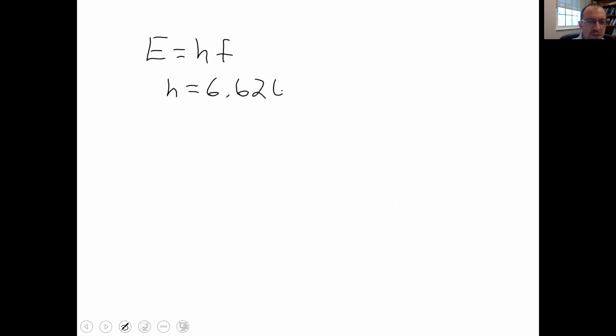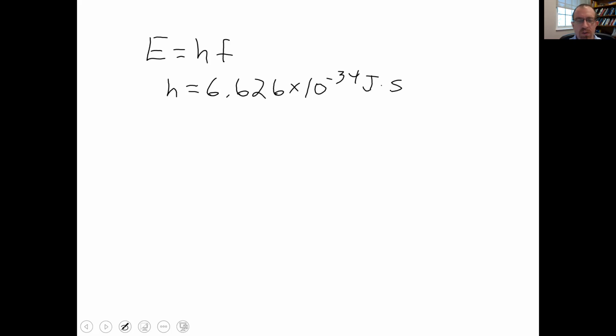That equation is that the energy of the emitted light is equal to h times f. That h is what's called Planck's constant. Planck's constant has a value of 6.626 times 10 to the -34 joule seconds.